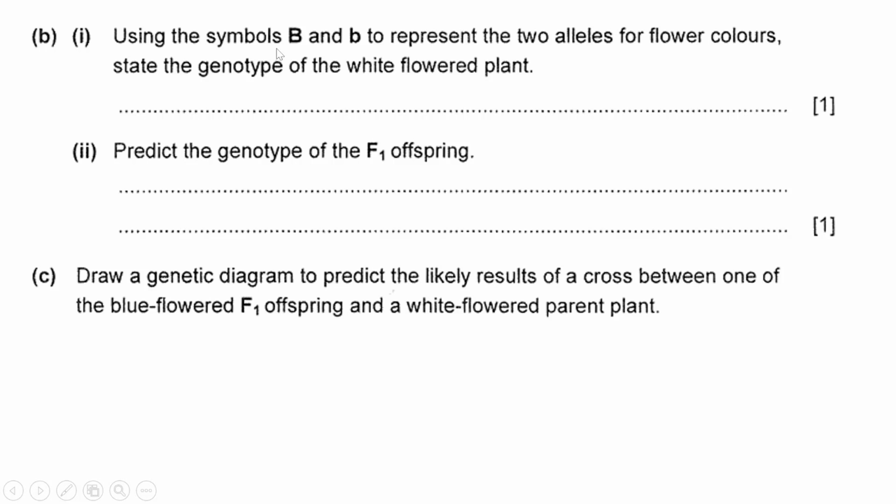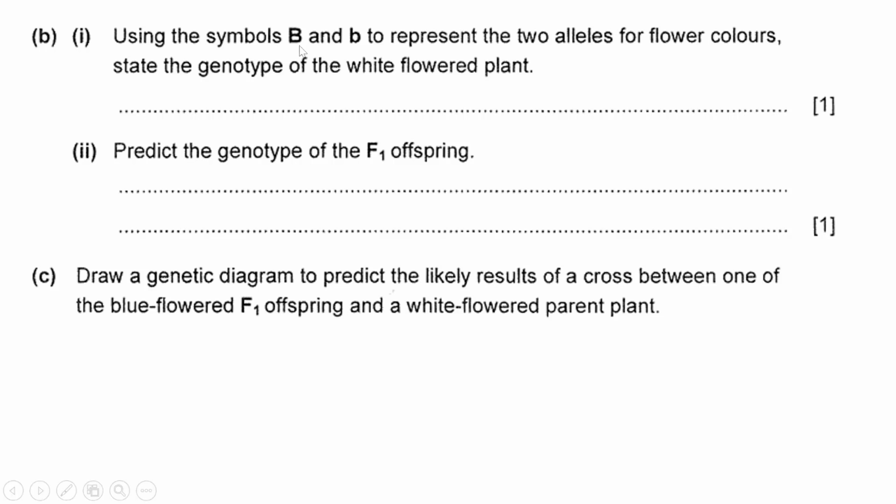They could have also chosen T capital and t small letter. And the idea here is for us to choose which one of these two, one capital and one small letter, would be for a dominant allele and for a recessive allele.